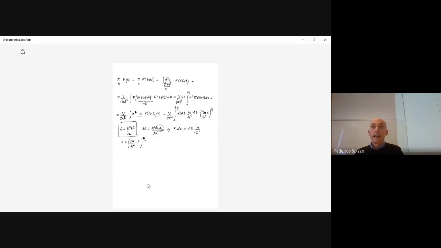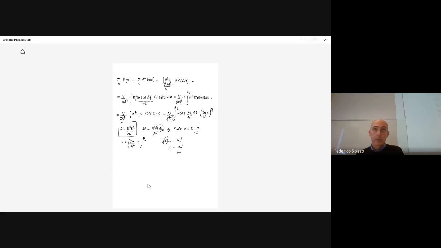At this point, I need an additional substitution to reach the final result, and the substitution regards this pi squared, because we have just seen that 3 pi squared n is equal to kf to the power of 3. So pi squared is equal to kf to the power of 3 divided by 3n.